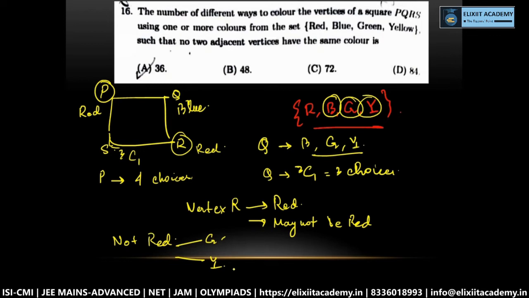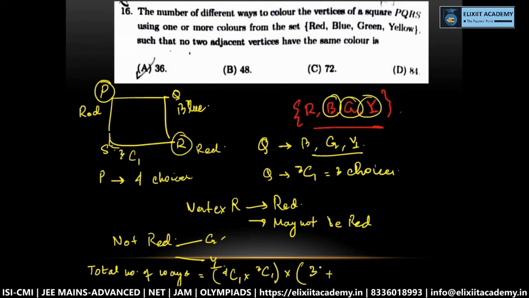So the total number of ways is 4C1 multiplied by 3C1 into, for the first case, 1C1 into 3C1, which is 3, plus 2C1 into 2C1, which is 2 into 2, that's 4.